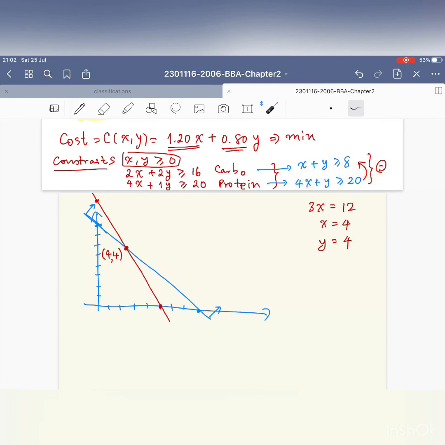So it means that the region that you like is the one above. So here it is this one and this one together, right? So this one is the unbounded region.